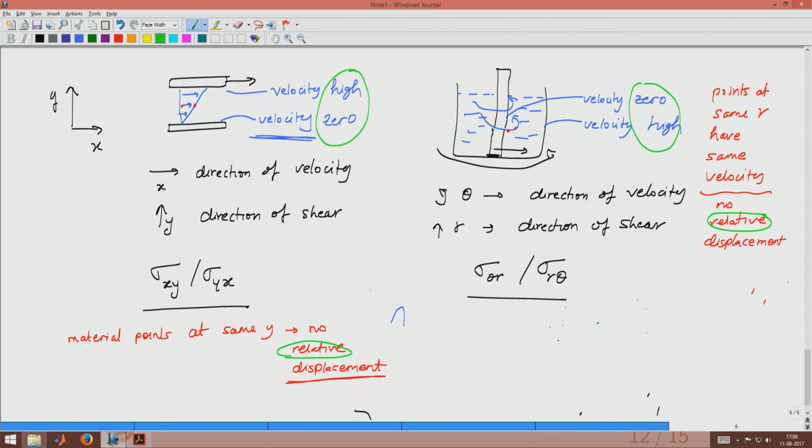So, in both these cases what is important is to have comparison of velocity and displacement between different material points, and so this importance of relative displacement or motion of neighboring particles.